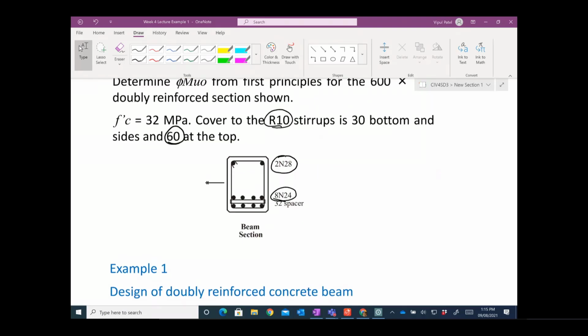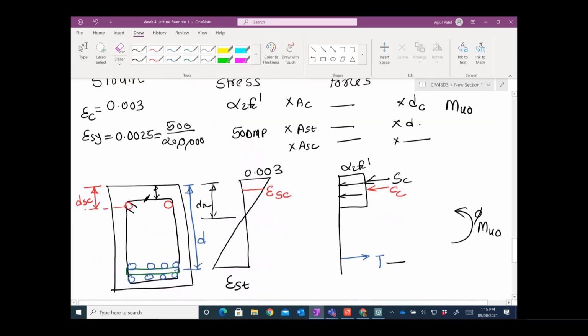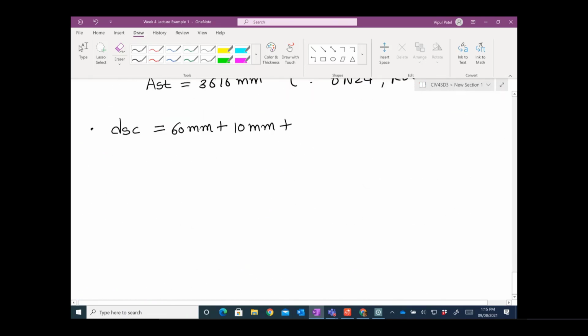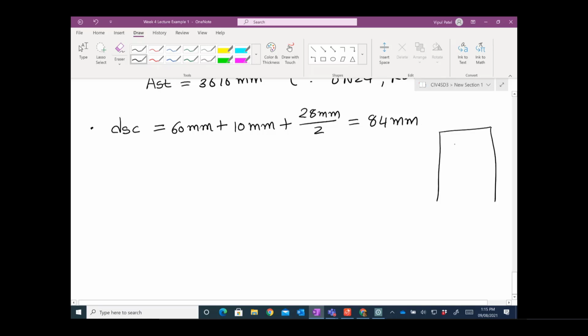What is the Rio? 28 Rio. So halfway through, right? Halfway through 28, so that would be 28 millimeters divided by 2. If you use a calculator, 60 plus 10 is 70, so 84 millimeters. Does everyone agree with me that the top Rio, these 2 Rio, are sitting 84 millimeters from the top? I hope you don't have any issue calculating that one.